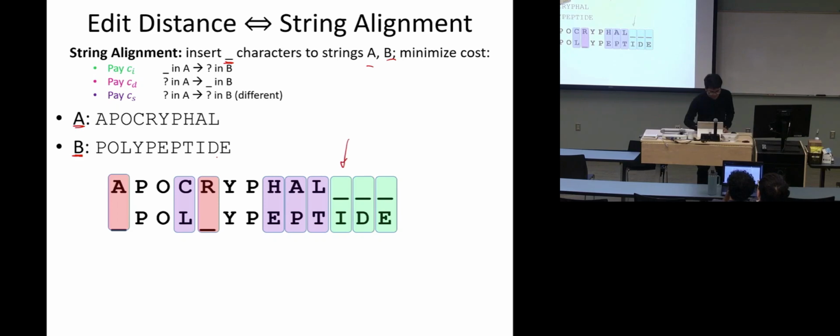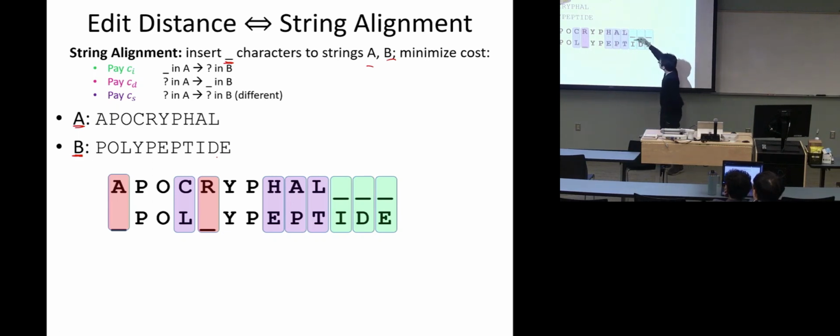For each of the indices here, if at some index A and B are the same, then you don't need to pay anything. But if they are not, then you need to pay something. For example, if this is blank and this is E, you need to insert E here, so you pay CI.